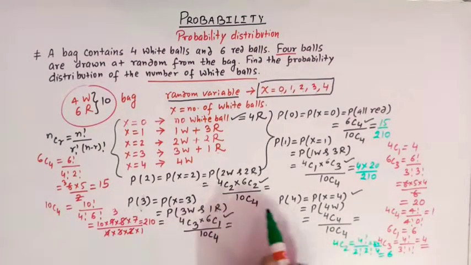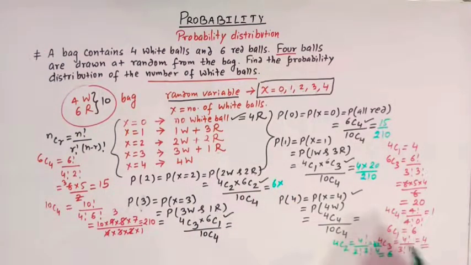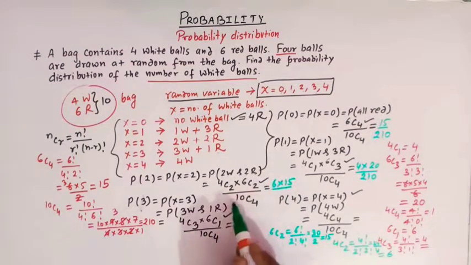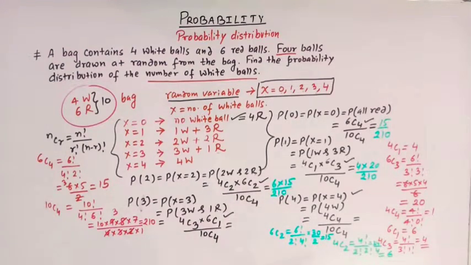So here we have 6 times 6C2, and 6C2 can also be calculated as 6 factorial over 2 factorial and 4 factorial. So this is 6 5s are 30 over 2, that is 15, right? So here we have 15, and 10C4 is 210, right?